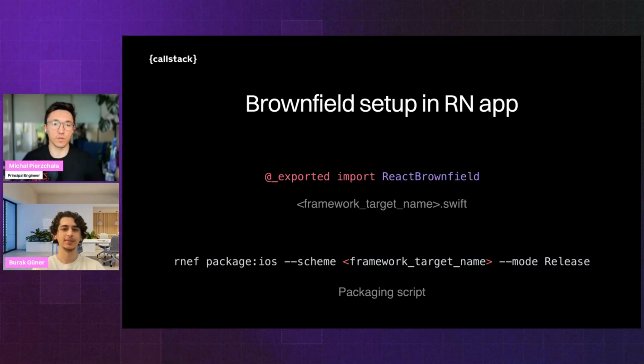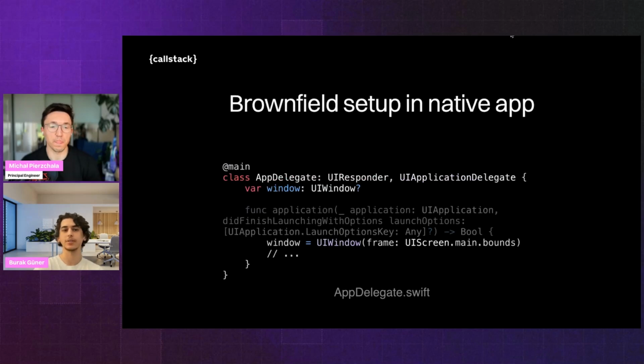Then you will package your project to an XCFramework, and you can use the RNEF or React Native Enterprise Framework Brownfield iOS plugin for that, which will give you a package iOS helper command that you'll be able to use, or you can borrow some scripts from our example repos that we will show later. This command is calling the Xcode build command under the hood to build your framework target.